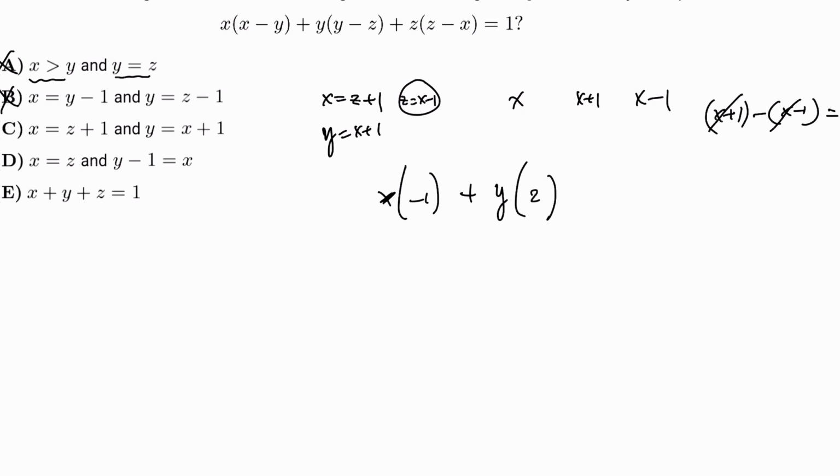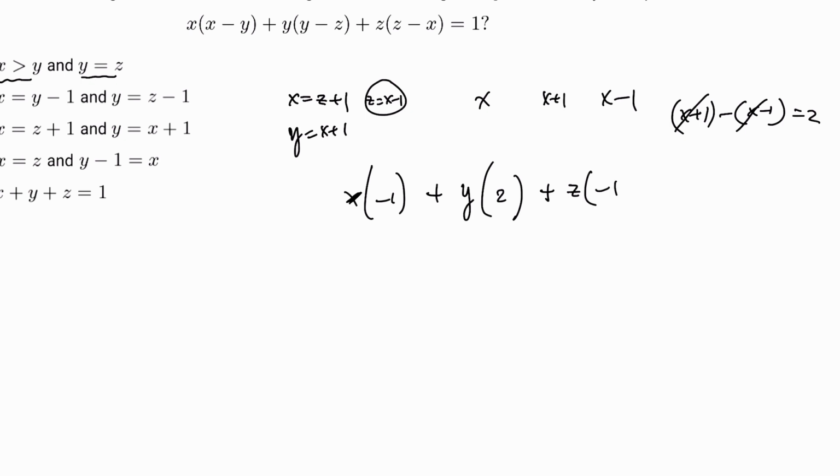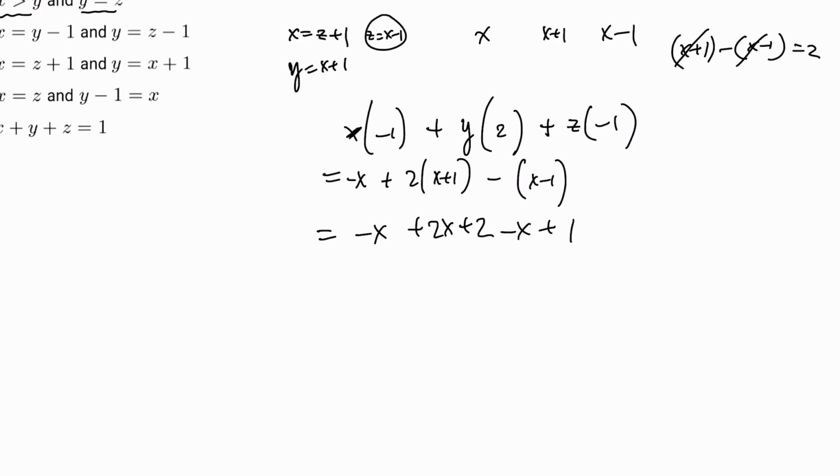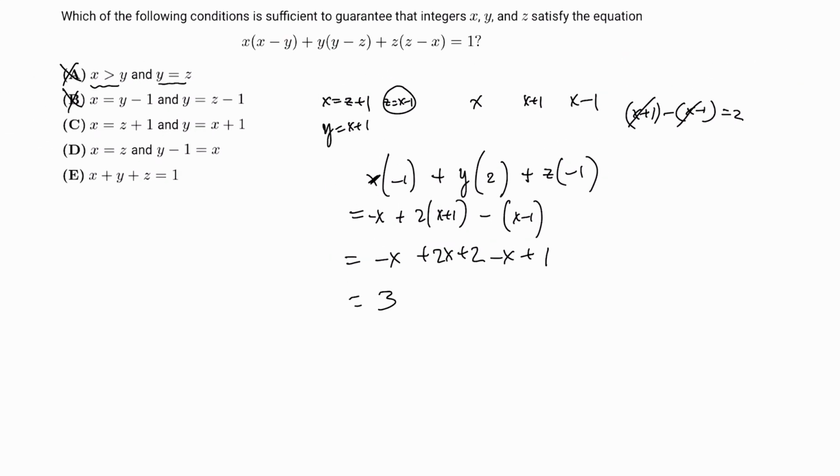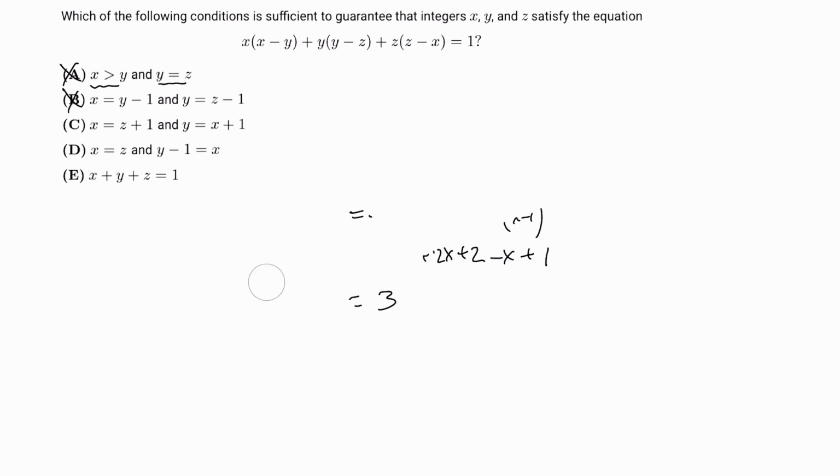So y times 2, plus z times (z minus x). Z is smaller, so that will be negative 1. That gives us negative x plus 2y minus z, and y is x plus 1 and z is x minus 1, so negative x plus 2x plus 2 minus x plus 1. That indeed gives us 3 again, which is not what we are looking for, because we are looking for 1. So C is not the answer choice either.